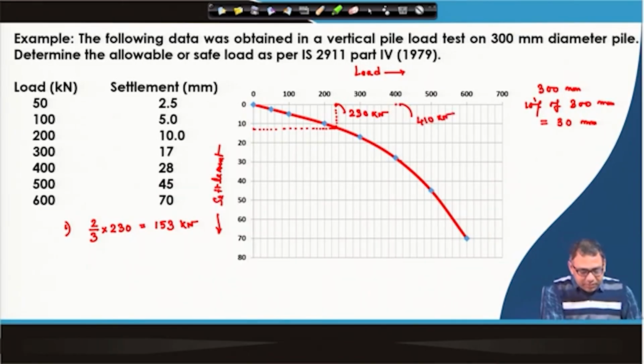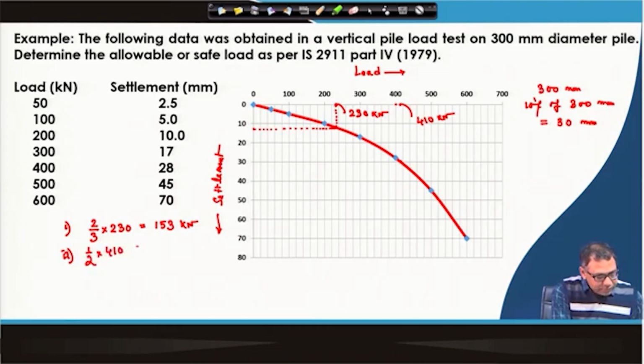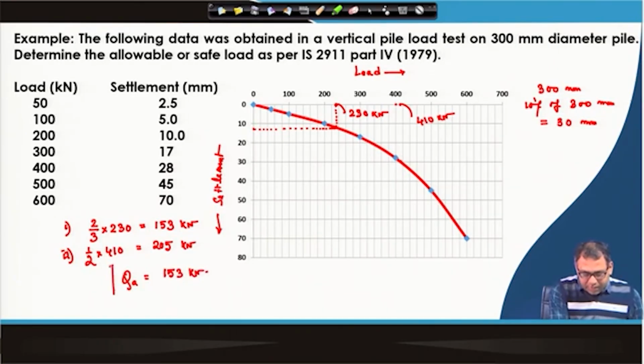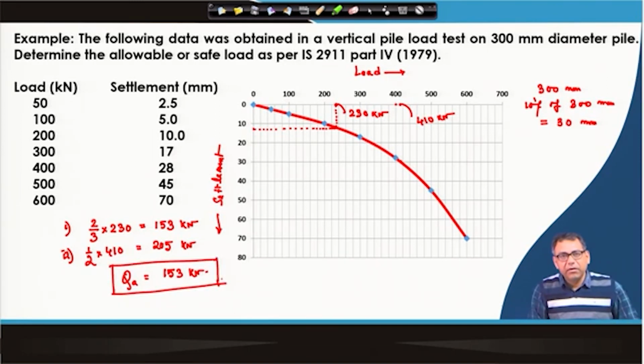That load we have to take 50%, so half of 410 is 205. The minimum of these two is 153. So, Q allowable is 153 kilonewton. This way we can determine what would be the Q allowable or safe load carrying capacity of the pile based on the pile load test.